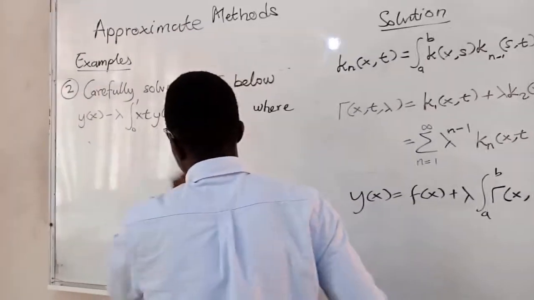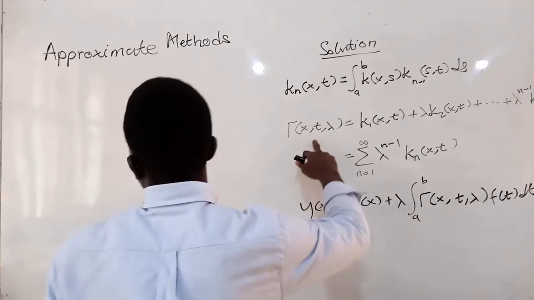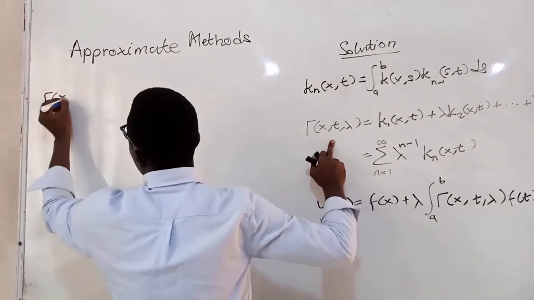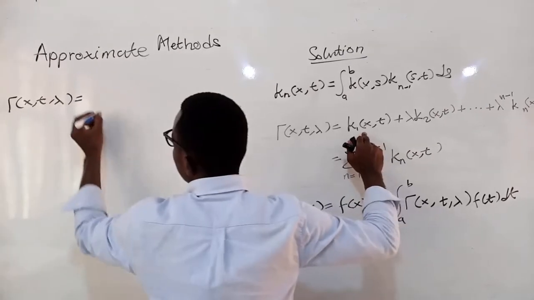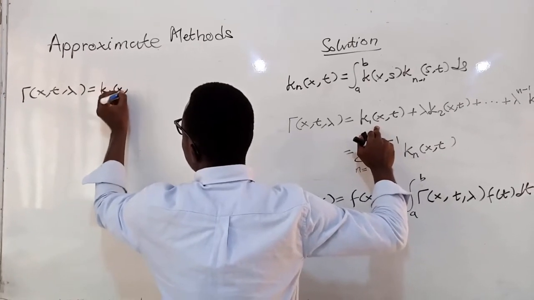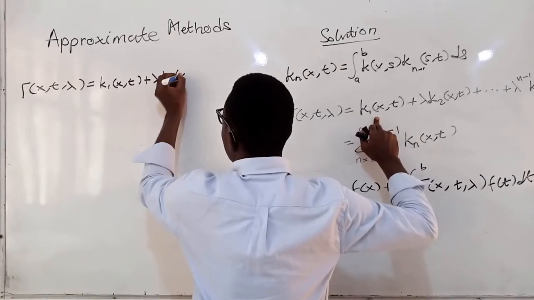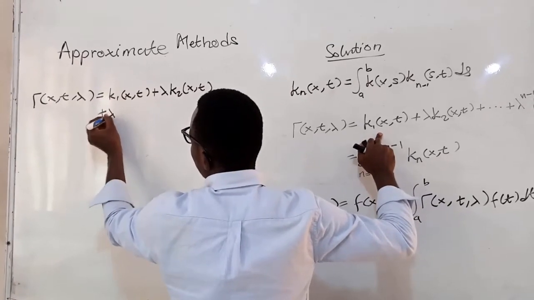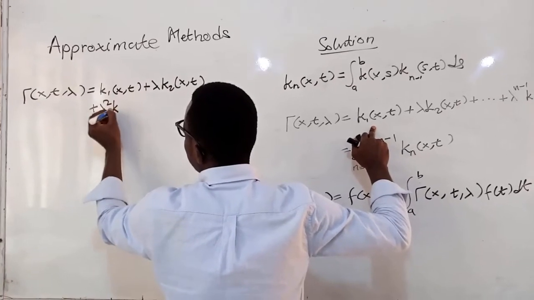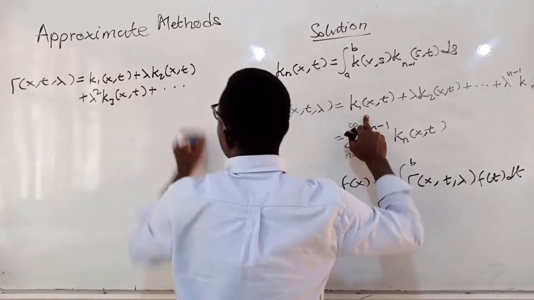Find the resultant kernel from the iterative kernels. The resultant kernel, gamma of st lambda, is equal to K1 of st plus lambda K2 of st plus lambda squared K3 of st plus dot dot dot.